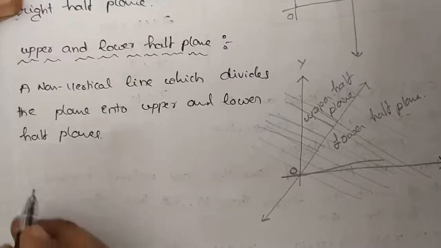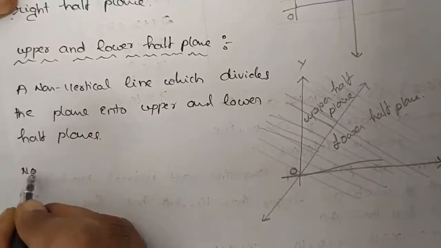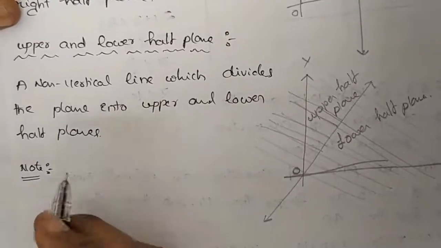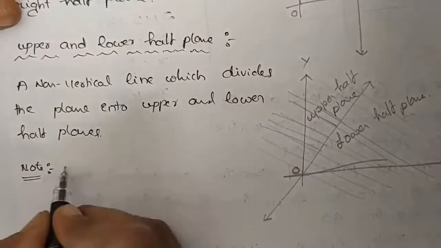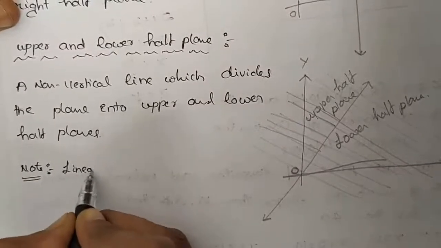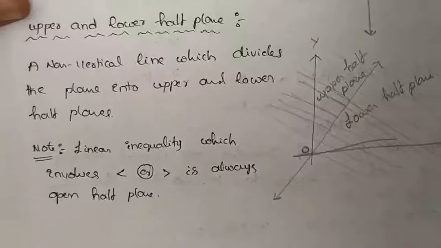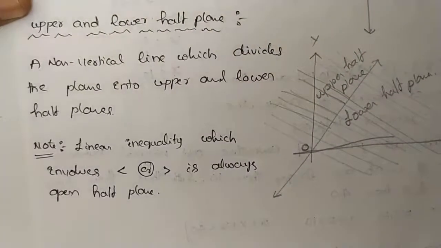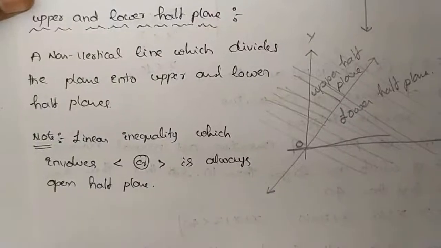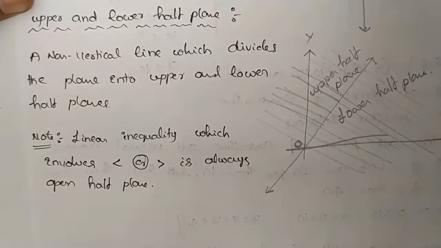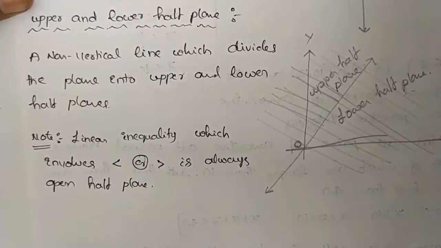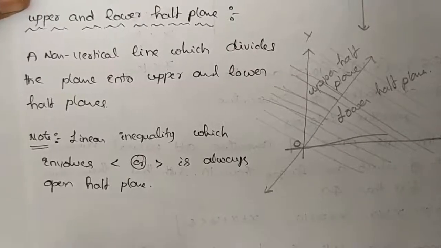Next, we have some note points based on this. Let us take one note point. A linear inequality which involves less than or greater than is always an open half plane.